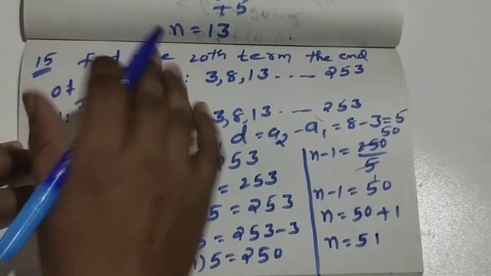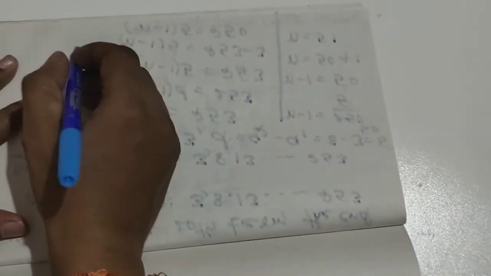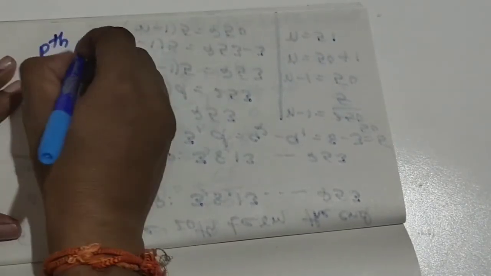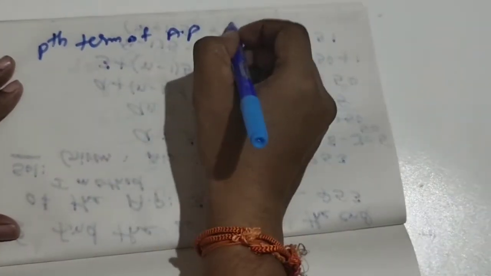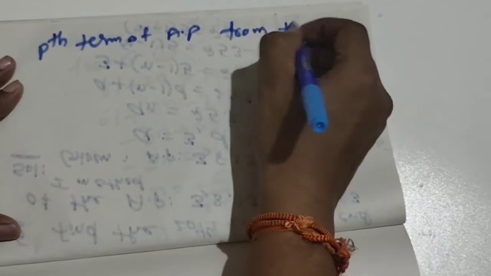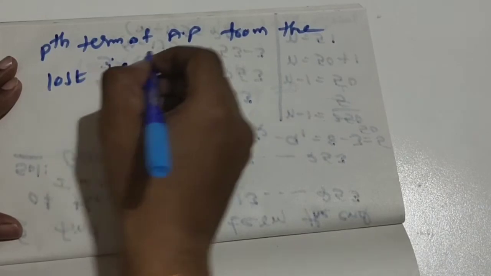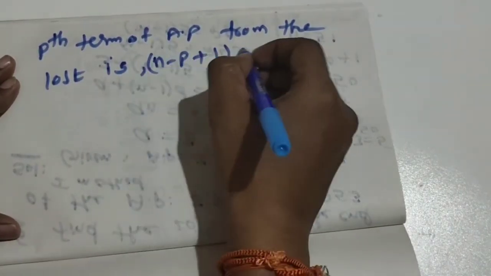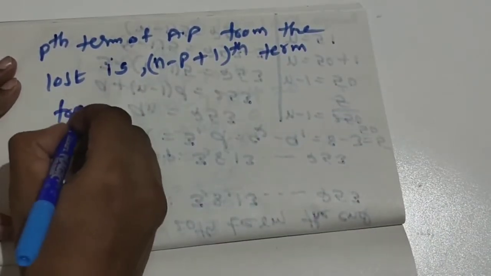So to get the 20th term from the last, we have a formula for that. What is the formula? The pth term of the AP from the last is the n minus p plus 1 term from the beginning.